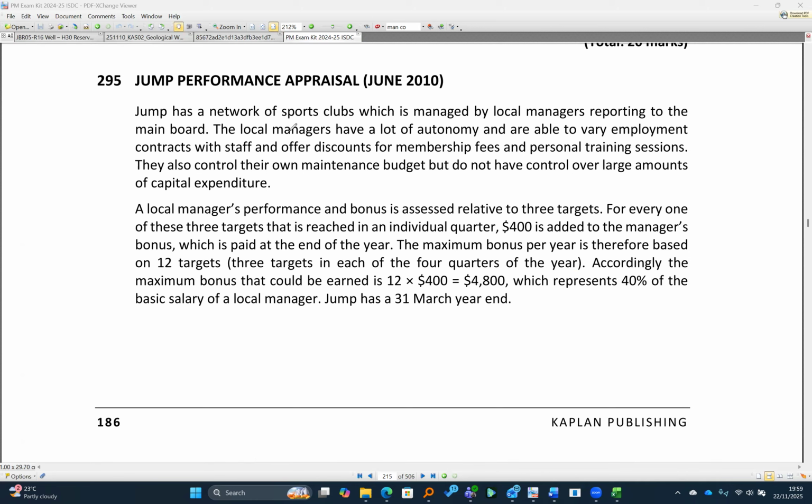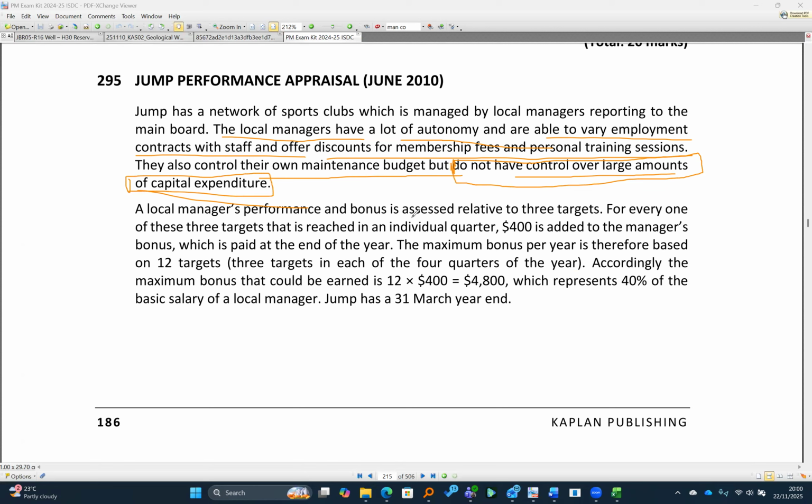So they have a lot of autonomy, the local managers, which means that they have so many things they can control. They can vary employment contracts with staff and offer discounts for membership fees and personal training sessions. They also control their own maintenance budget, but do not have control over large amounts of capital expenditure. Now, this is something they don't control. So probably when we find something that is related to this, we shouldn't penalize them on that.